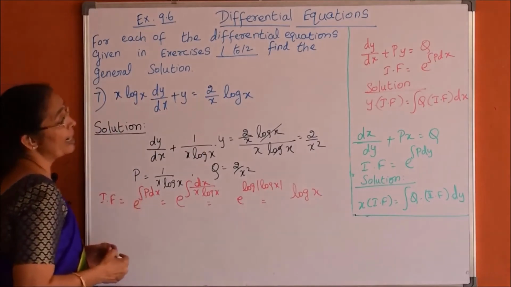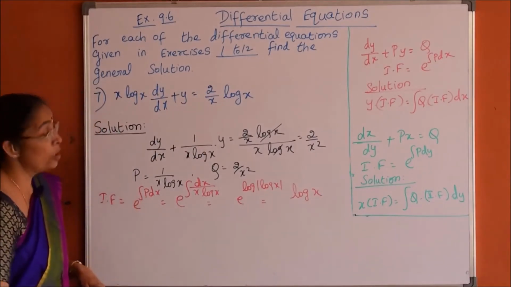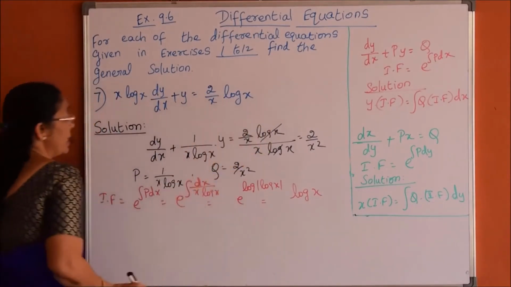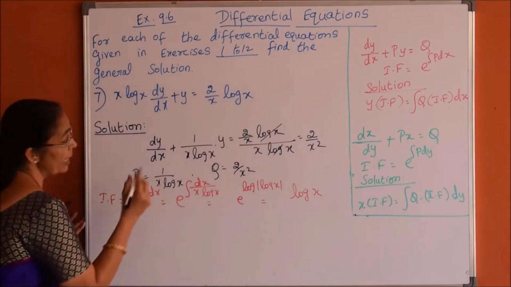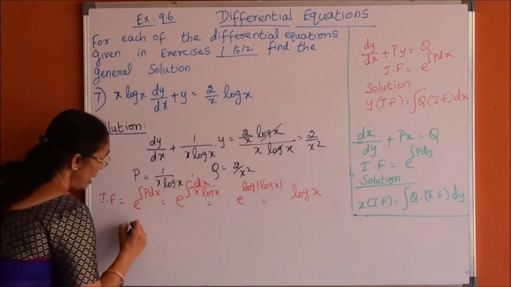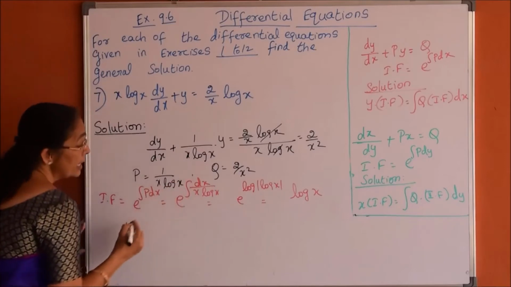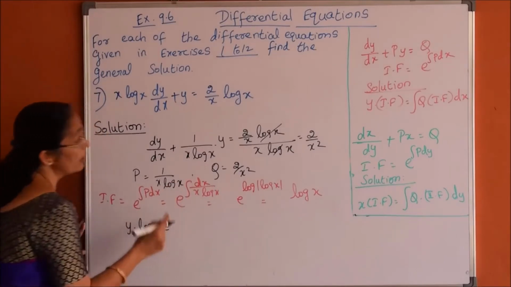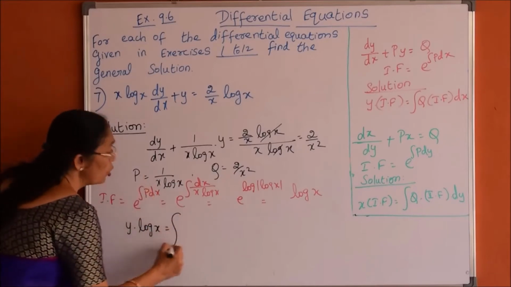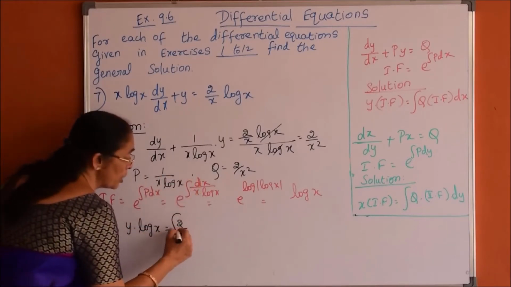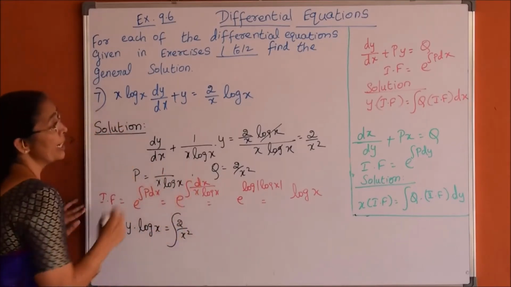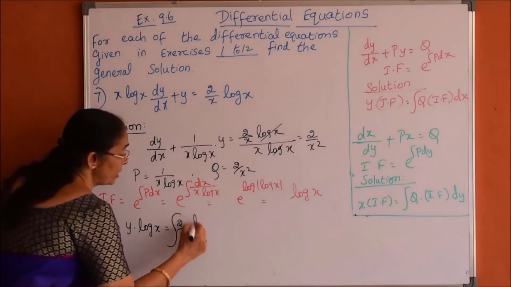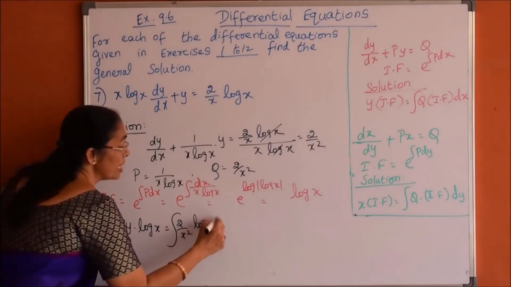Now after finding the integrating factor, our solution is y into integrating factor, y log x, is equal to integration of the q function, q is 2 by x square, into the integrating factor log x dx.